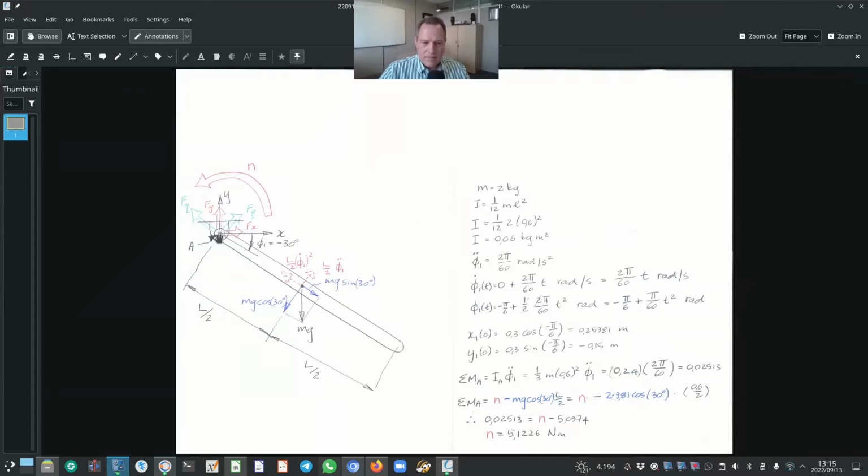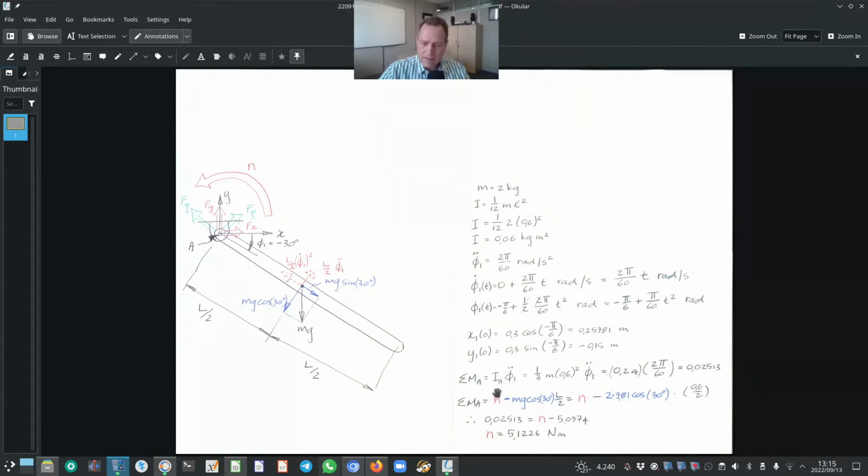Now we want to know, at time t0, what torque we need to apply in order to achieve an angular acceleration of 2 pi over 60 radians per second squared. In order to do that, we take the sum of the moments about point A, which is equal to the moment of inertia of the pendulum rod about point A multiplied by the angular acceleration of body 1.